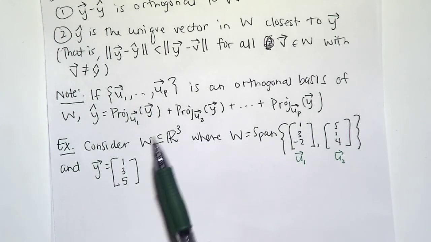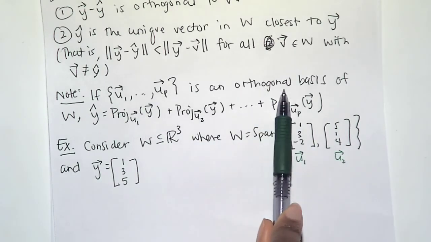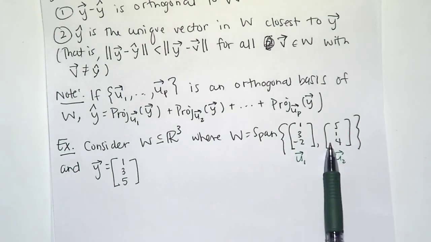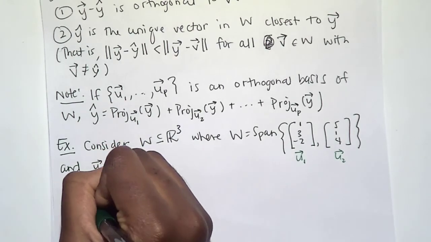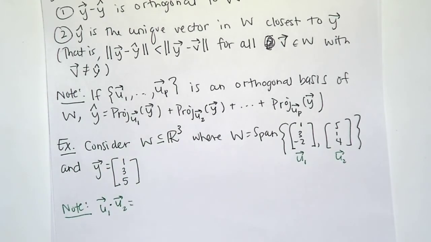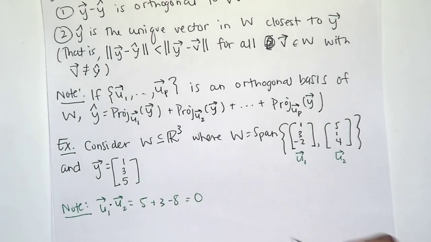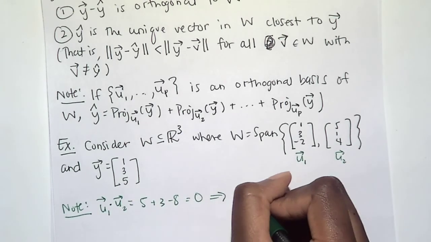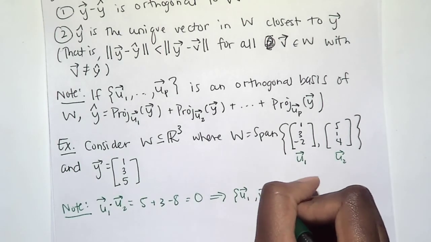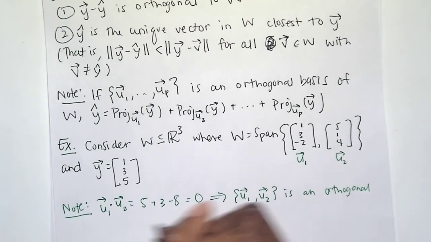All right, so in order to use our note, we need to make sure that the things that make up this subspace form an orthogonal basis. So let's make sure these are orthogonal and linearly independent. If I dot product U1 and U2, I'm going to get 5 plus 3 minus 8, which is 0. That's great. So that means U1 and U2 is an orthogonal set.